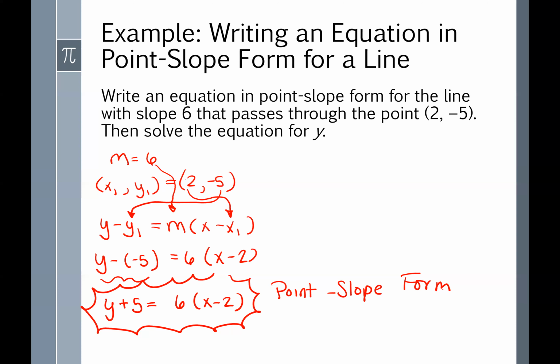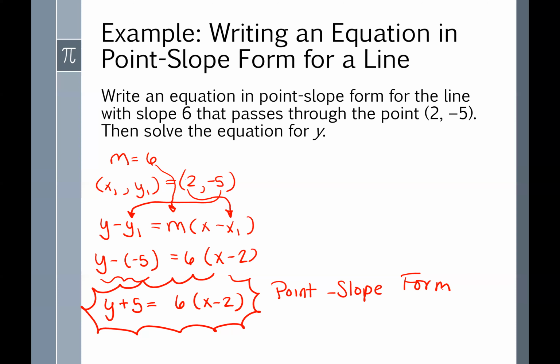And you're going to leave the right-hand side of this equation alone. You're not going to distribute. You're not going to combine like terms. You're not going to put the 5 over on the right-hand side. That's a different form of the line, which we're going to talk about in just a second. So you're going to leave it in this form. This is point slope form.